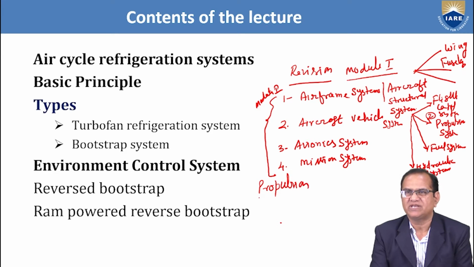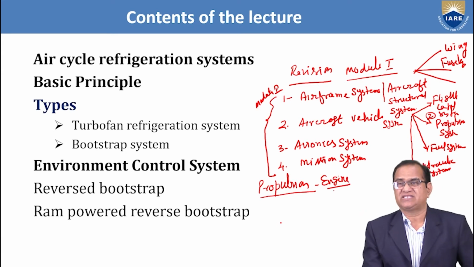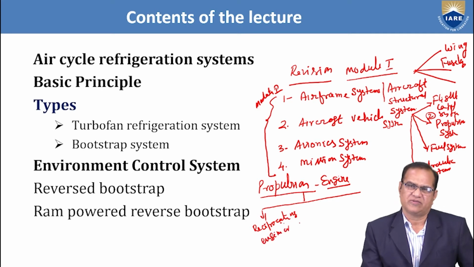Propulsion means some engine is required to give the thrust. We can divide this propulsion system into two parts. One is the reciprocating engine, or piston engine.